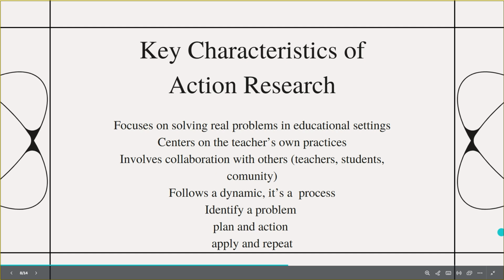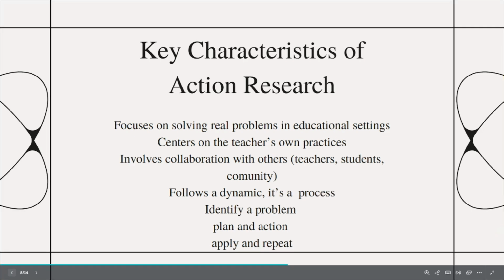A plan of action. At some point, the researcher creates a plan of action to address the problem. This plan may include trying new teaching strategies, starting a pilot program, or making changes in the classroom or school at that moment. Sharing research.